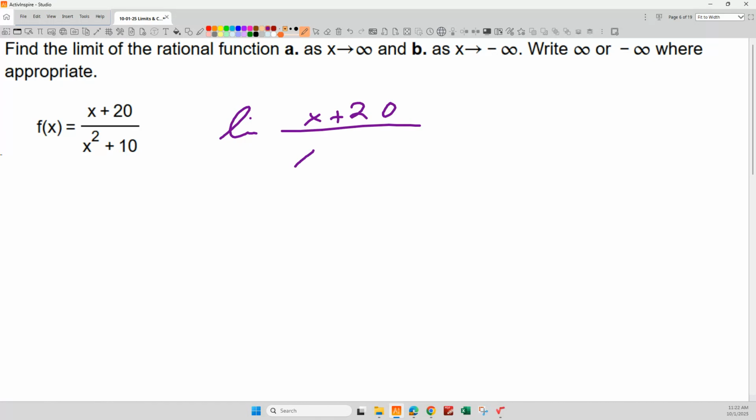As x approaches plus or minus infinity, it equals 0, because we have a rational function with a higher degree polynomial in the denominator. And that's just one of our rules, right?